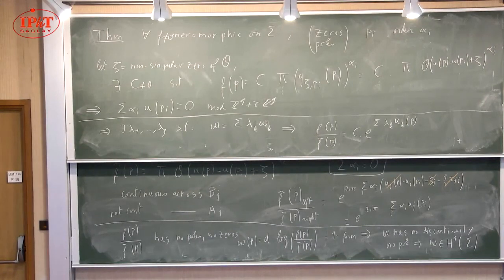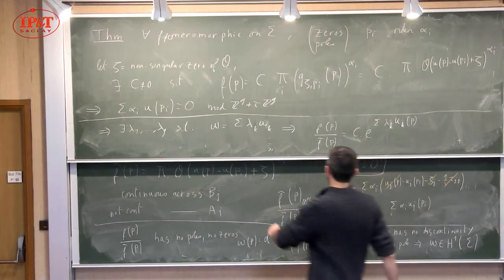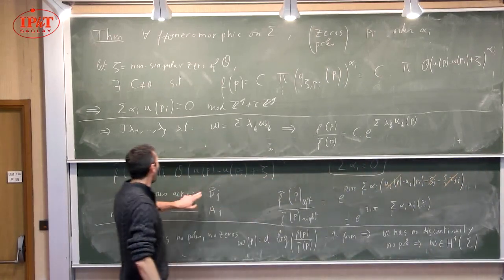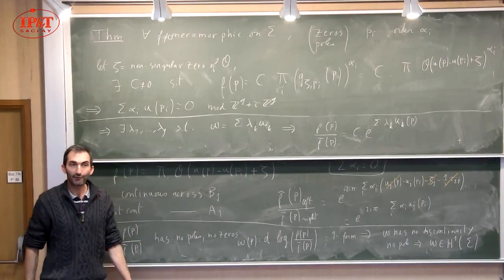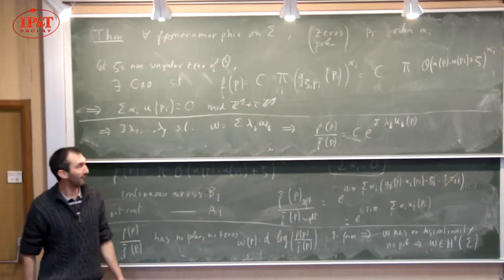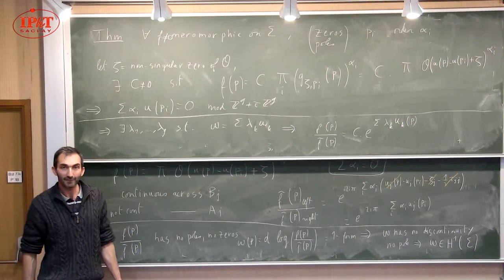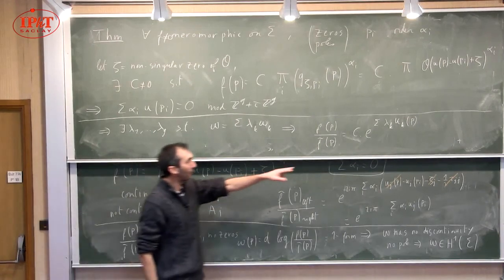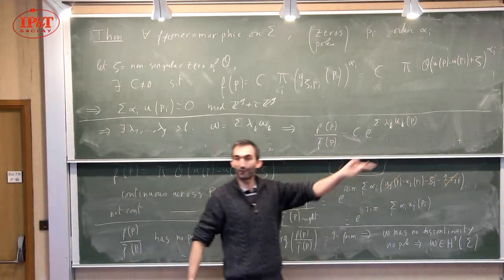But now we know, it's still written here. When we go across a bj cycle, we know that this has no discontinuity. And we know that the uk's are shifted by integers.